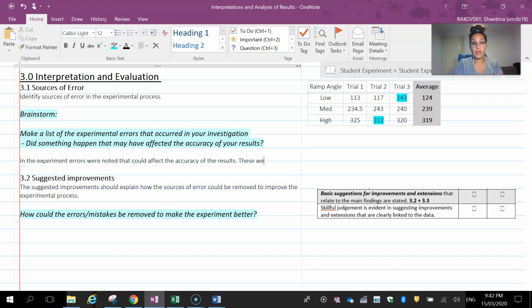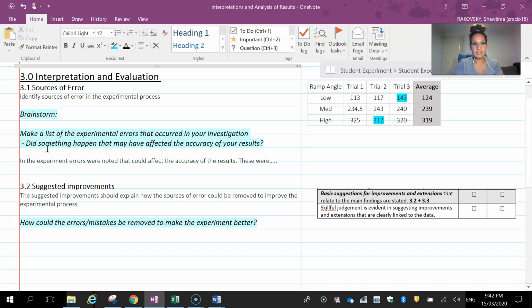These were, whatever they were, and then it will be such errors could result in changes in the experimental results. Okay, there you go.